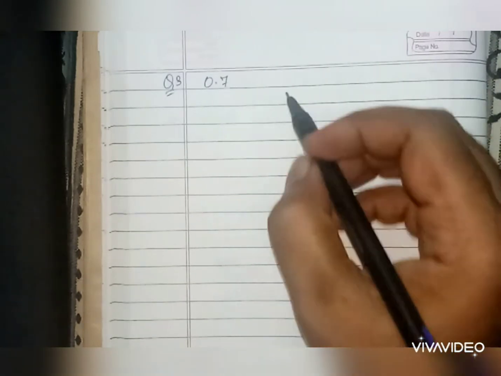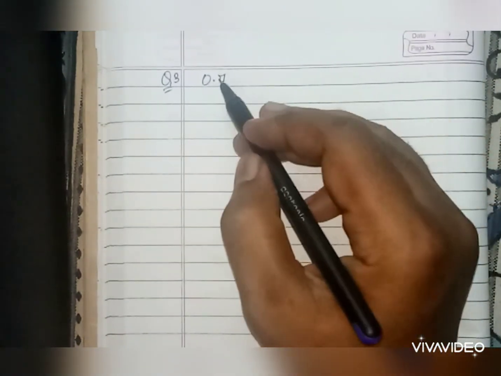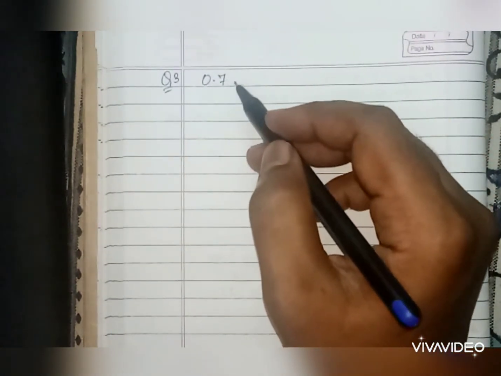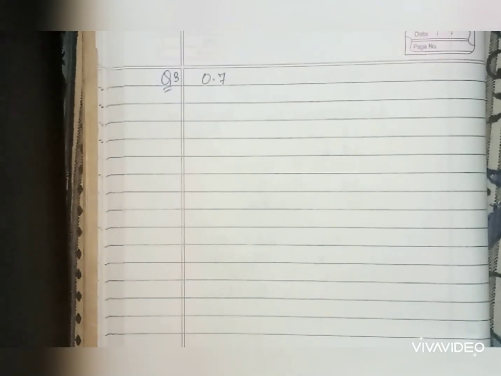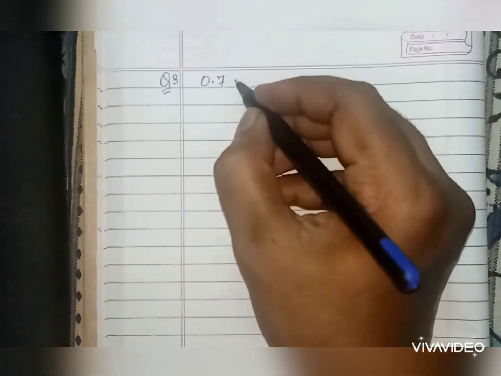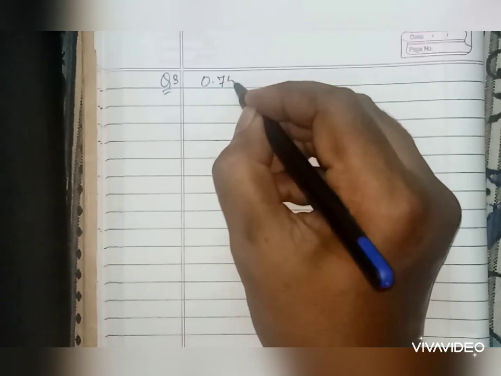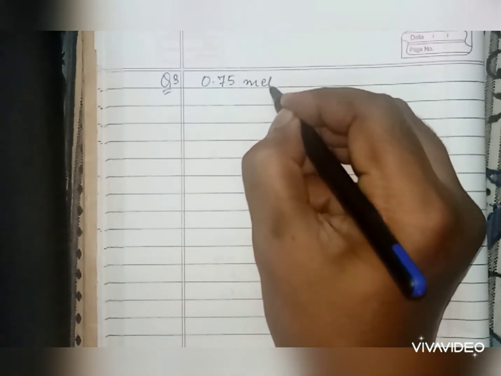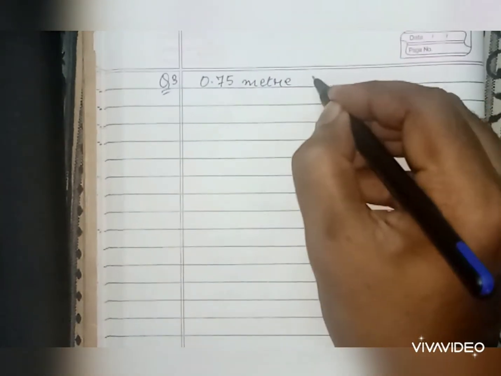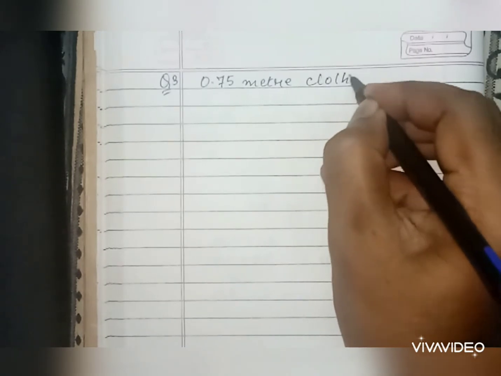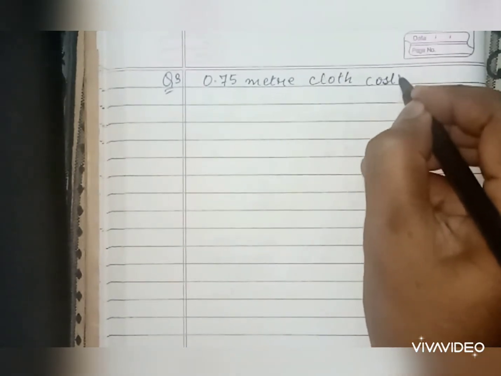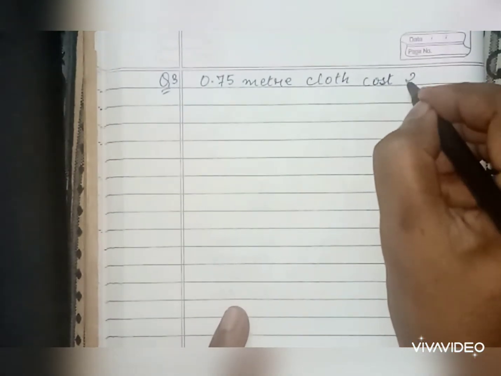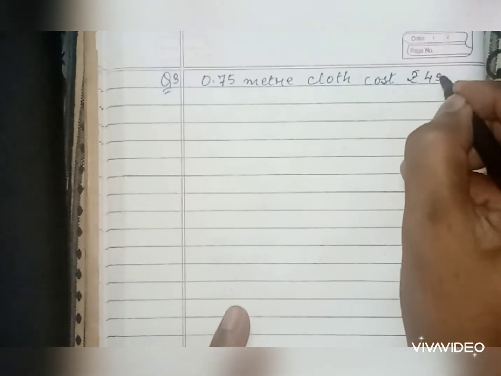So now let's see another question, question number 3, and it is saying that 0.75 meter cloth costs rupees 45.